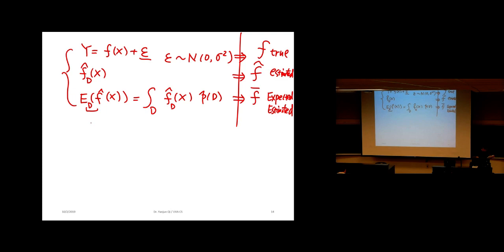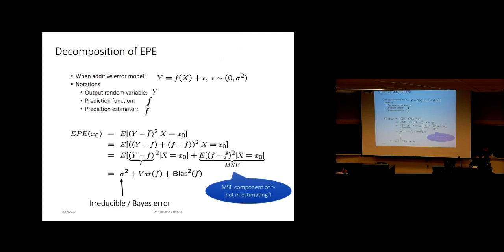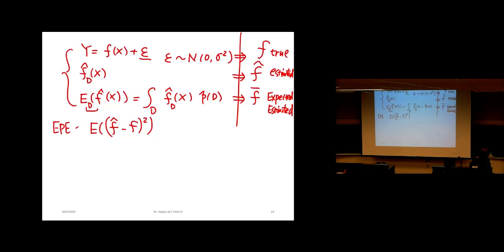Okay, so the expectation of f hat minus f, take the quadratic. So EPE, my expected error, can be estimated from my current training data or variations of the training data by f hat minus the true f, take the quadratic.